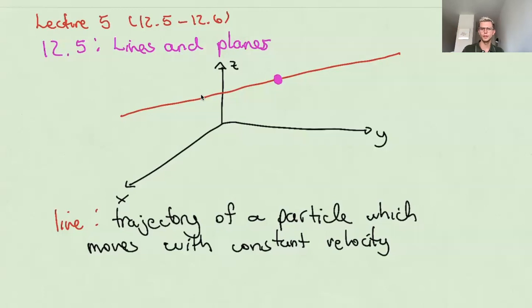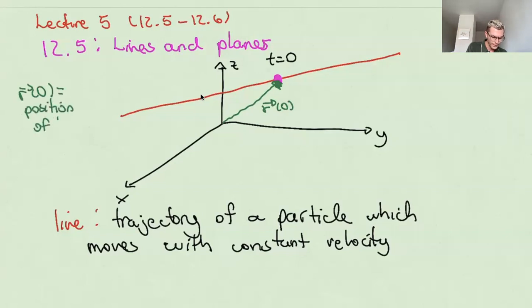Imagine you choose a point on the line and think of that as being the position of the particle or the car at time 0. So this is time 0. There's this vector that starts at the origin, which we'll call r of 0. So r of 0 is the position of the car or whatever at time 0.